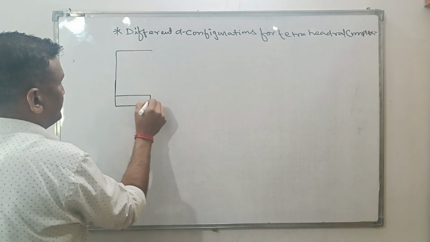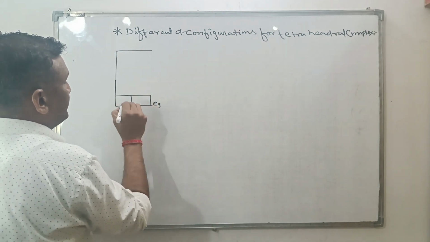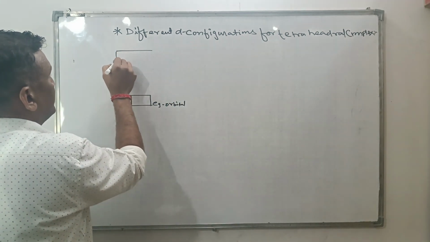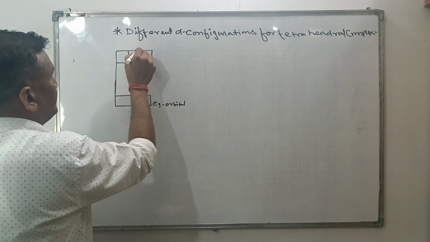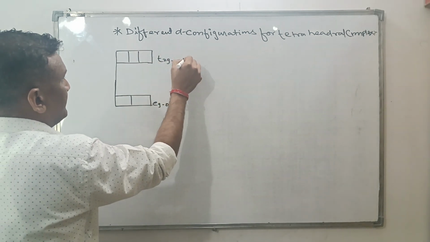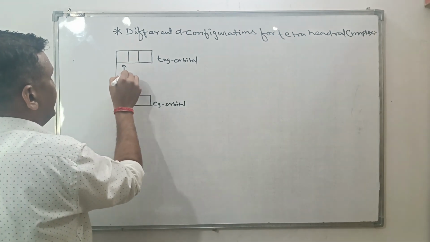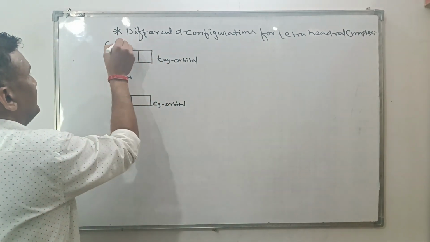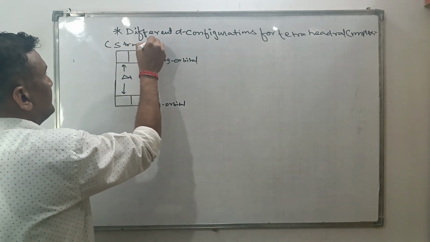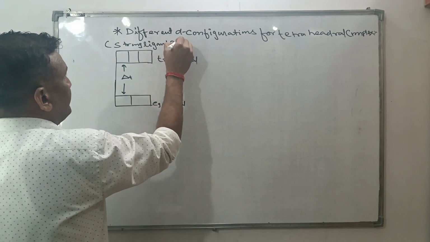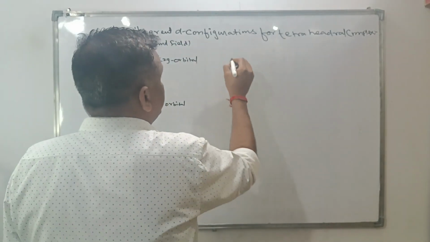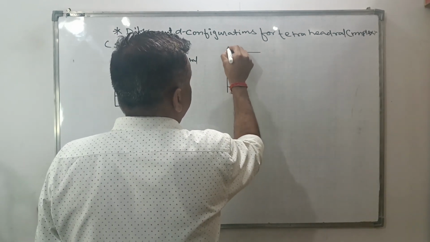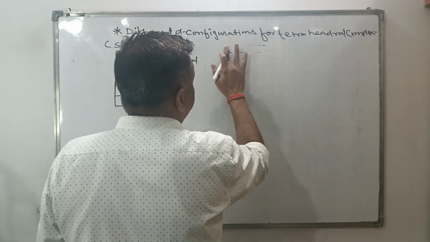And according to CFT in tetrahedral, here will be the E orbitals, and here will be the T2G orbitals, like this, and the energy difference is denoted by del T. This is for the strong ligand field, and if we go with the weak ligand field, then the diagram will be as follows.